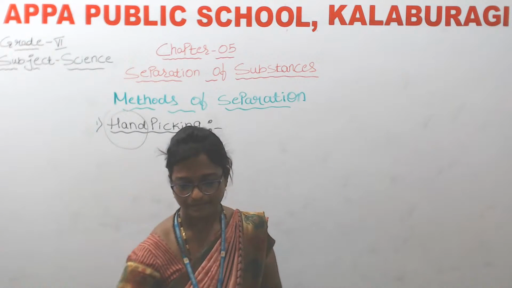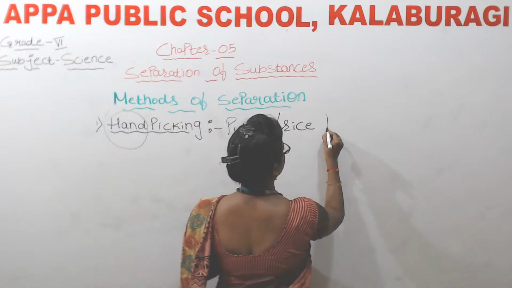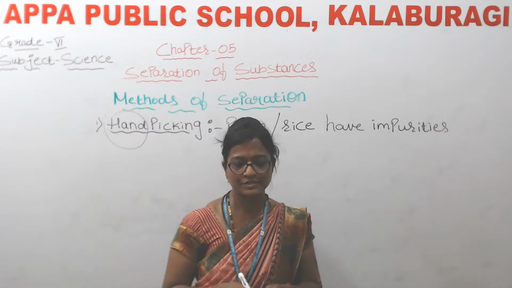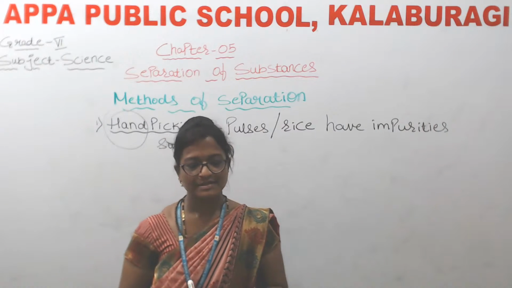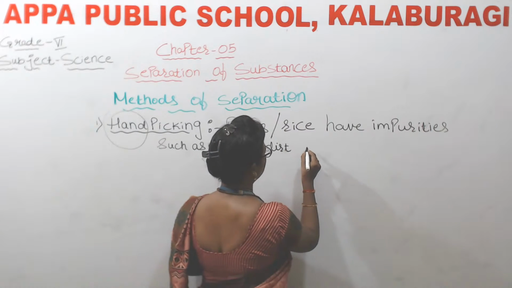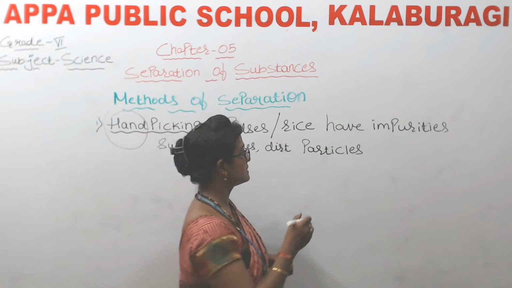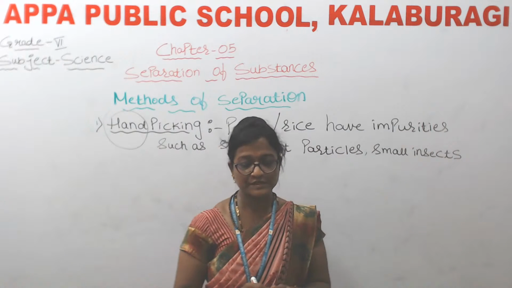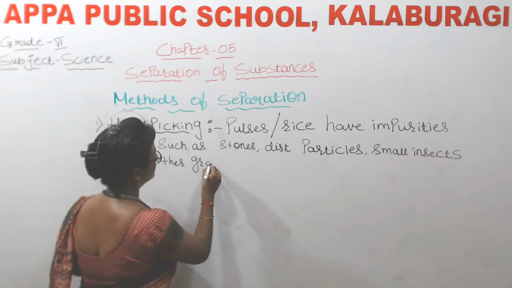So here, pulses or rice have impurities such as, just now I said, stones, dirt or dust particles, and even sometimes small insects and other grains.